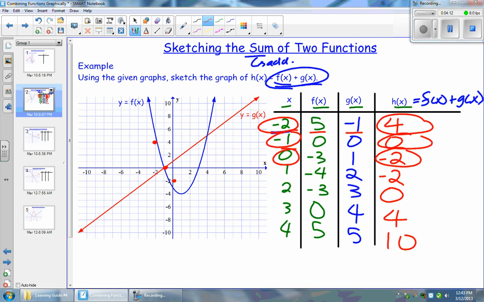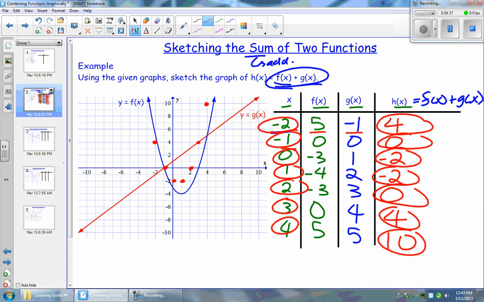And 1 comma -2 is going to be right here. 2 comma 0 right there. And 3 comma 4, right there. And finally, 4 comma 10 is the last point that I'm going to be plotting here.